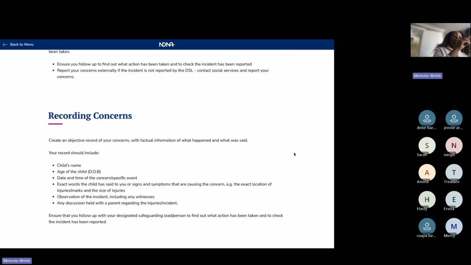The LADO then contacted the police on our behalf. The police will openly share all information with the LADO, and then they make a decision as to whether or not that information should be shared with us to enable us to make a decision.